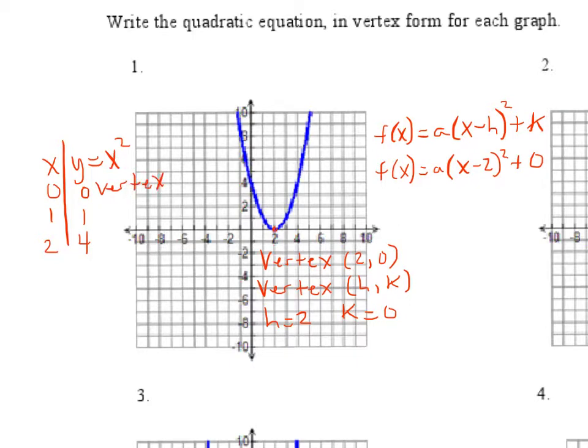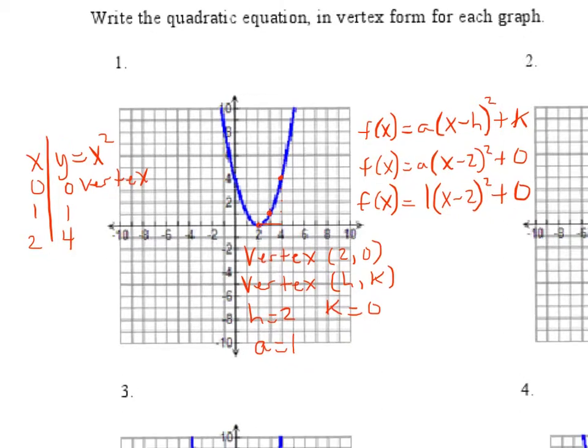So if this graph is a normal width graph, I should be able to count from my vertex, right 1, up 1, and land on my graph. Then go back to my vertex and count right 2, and I should be able to count up 1, 2, 3, 4, and land on my graph. So this particular problem is a normal width graph. So here my a is 1. So my equation is f(x) = 1(x - 2)^2 + 0.